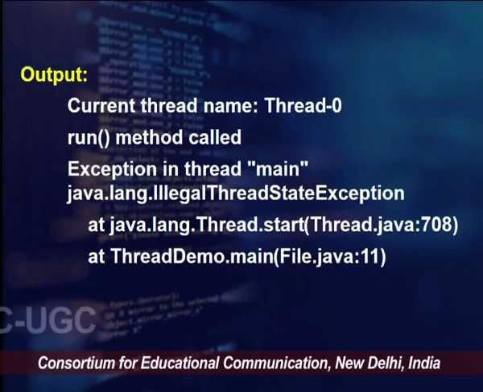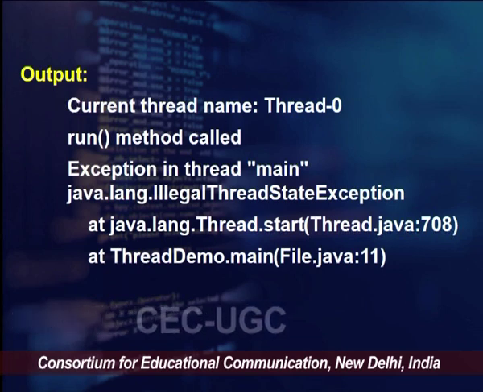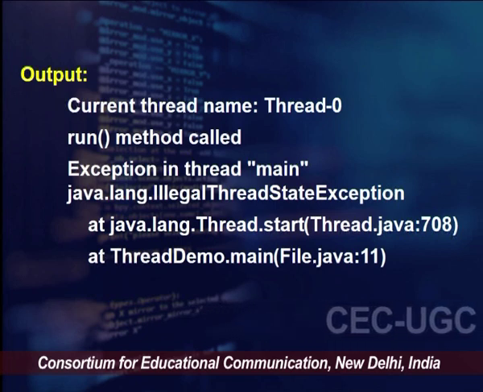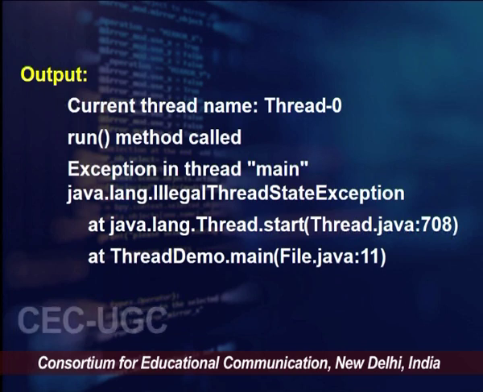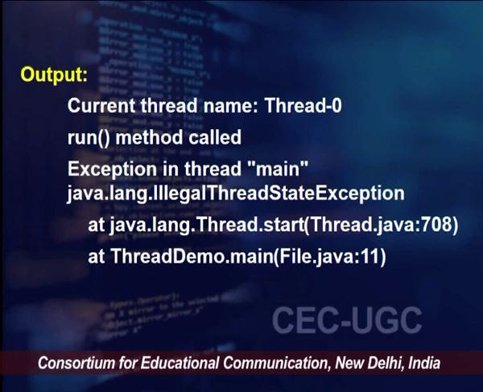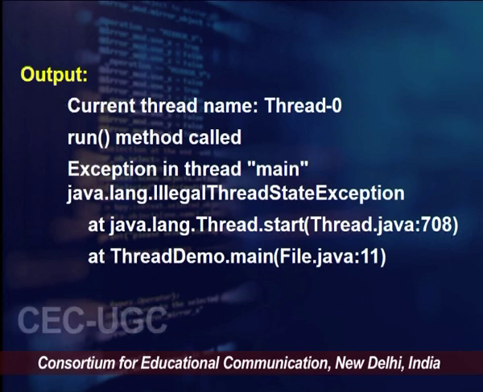But whenever t.start() is called again, there is an exception in thread main. And what is the exception? That is java.lang.IllegalThreadStateException at Thread.start, which is available in ThreadDemo.main, in the file .java.